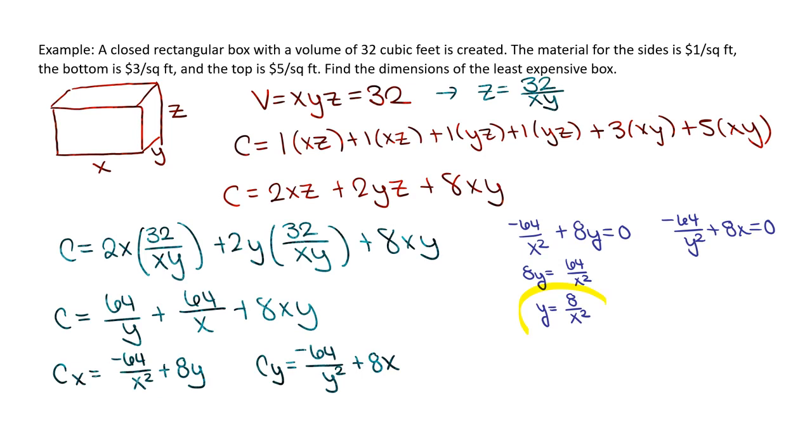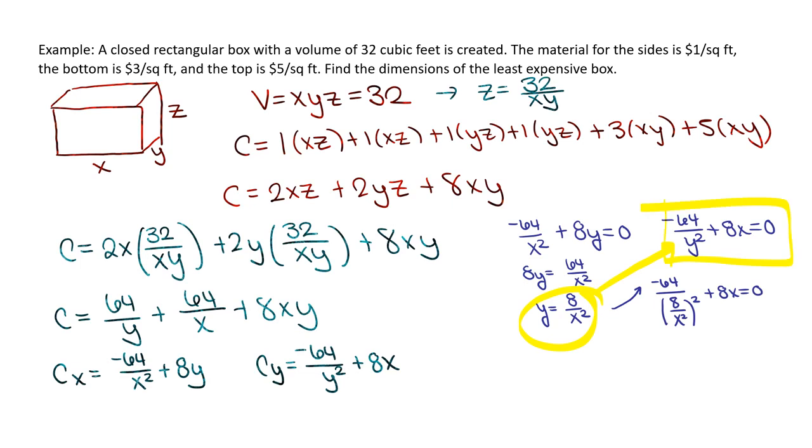I mean, I could divide by 8, so I guess this simplified down to y equals 8 over x squared. So my c sub x equals 0 when y equals 8 over x squared. I'm going to take that value and plug it into my other partial derivative, see if we can actually make some progress.